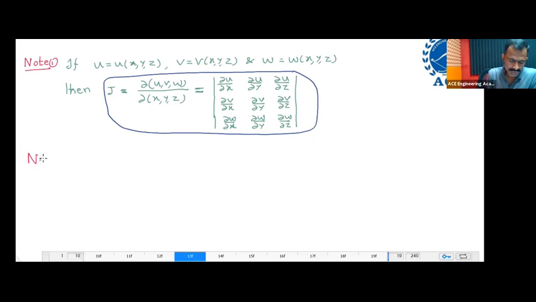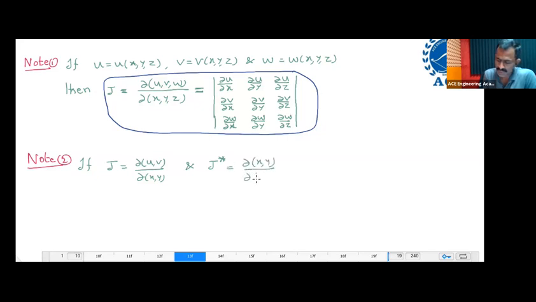Note point number 2. If j equal to dou of u comma v by dou of x comma y, and j star equal to dou of x comma y by dou of u comma v, then j into j star equal to 1.